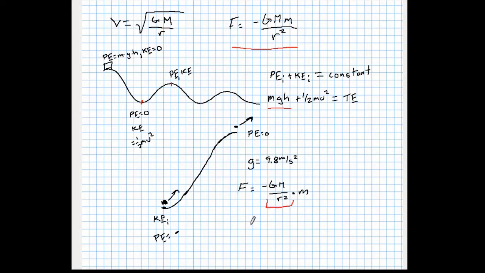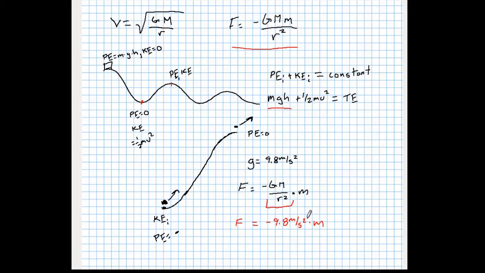That ends up being, remarkably, 9.8. That's where the negative 9.8 meters per second squared, times the mass, comes from. So that's the force, that's where the 9.8 comes from. It comes from that equation, putting in the right radius and the right mass for the Earth.